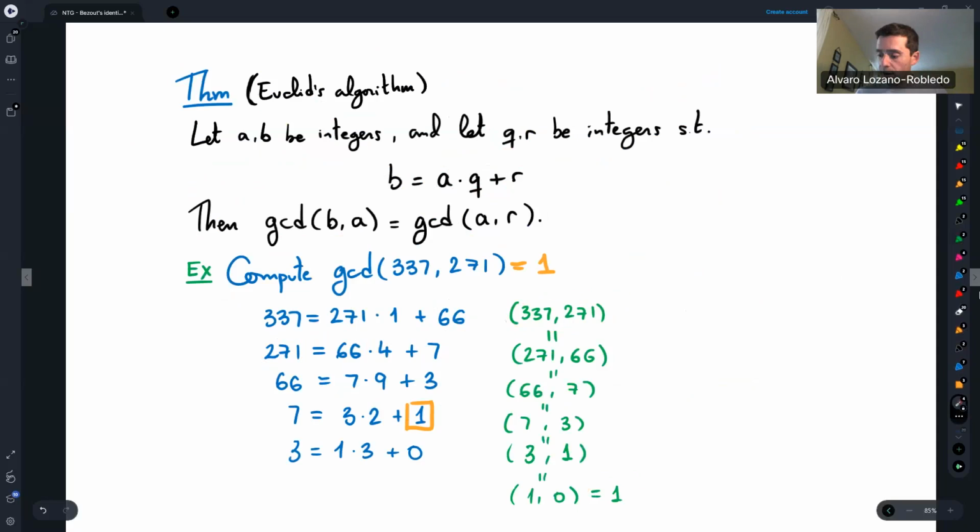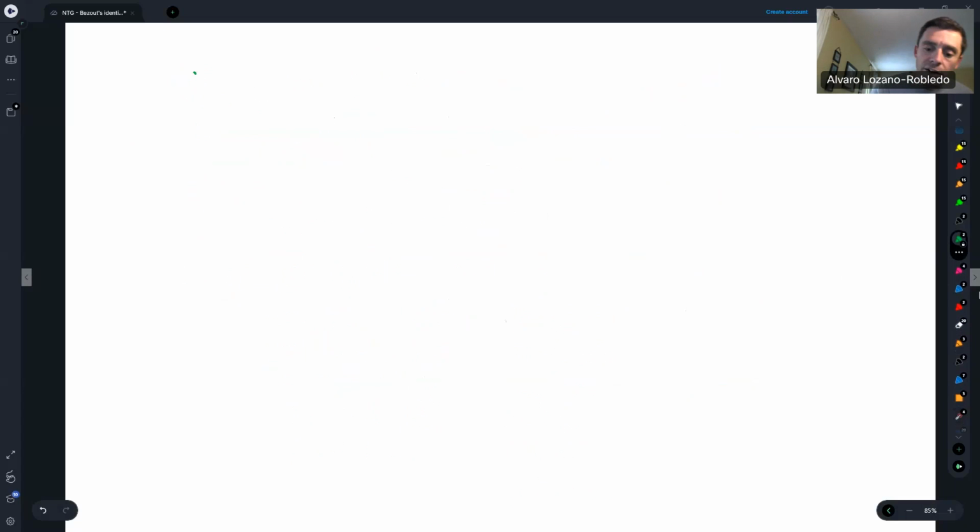Okay, let me do it again, but with a GCD that is not just 1. So here's another example. I want to compute the GCD of 221 and 91. I do the same thing. I do long division.